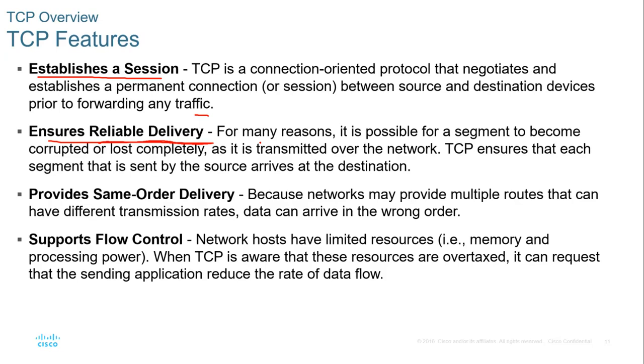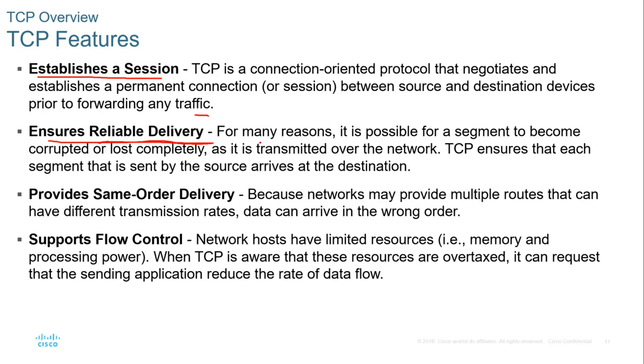Then it provides same-order delivery. As explained, if the other side receives segments 3, 2, 1, they can be rearranged before they are presented. Then it supports flow control. Network hosts have limited resources, for example memory, processing power, and storage.